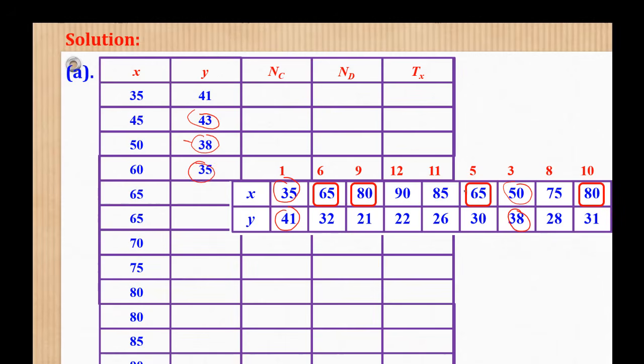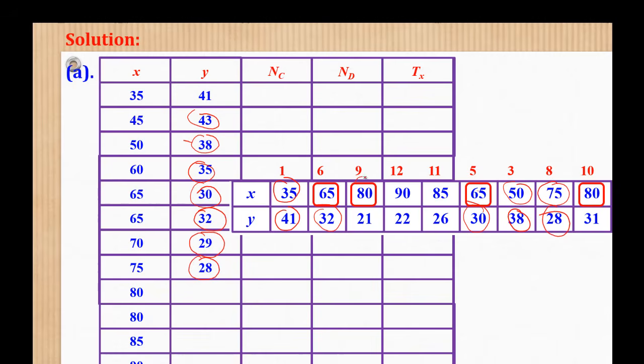Then 5 is 65, corresponding to 30, so I write 30. 6 is 65, still corresponding to 32, so I write 32. 7 is 70, corresponding to 29, so I write 29. 8 is 75, corresponding to 28, so I write 28.